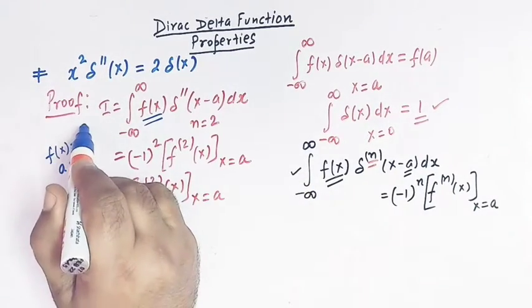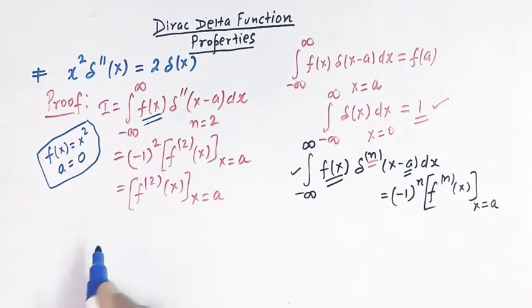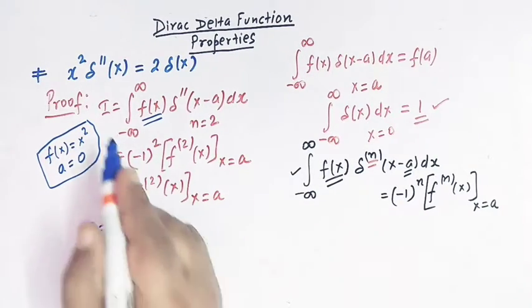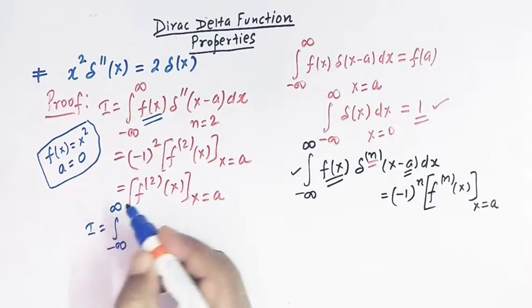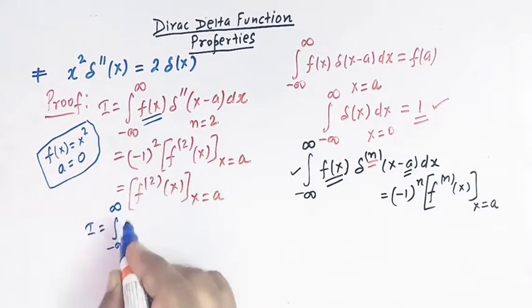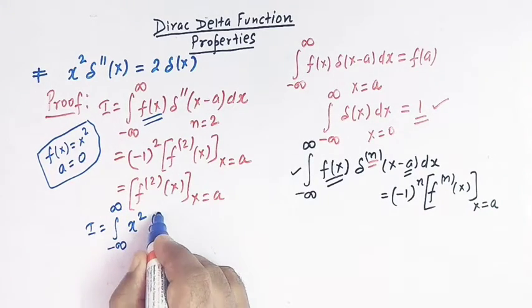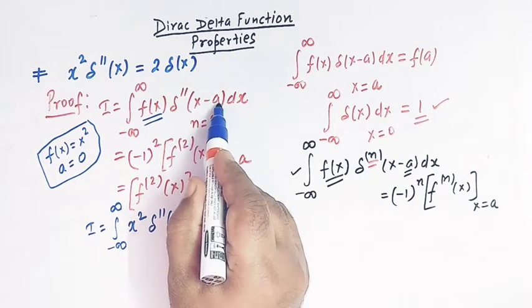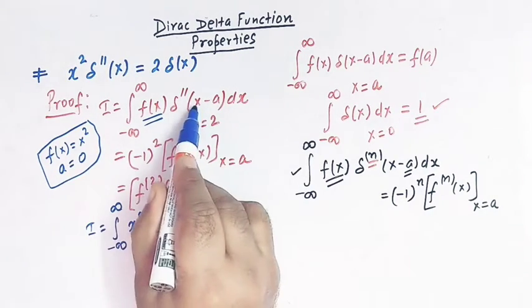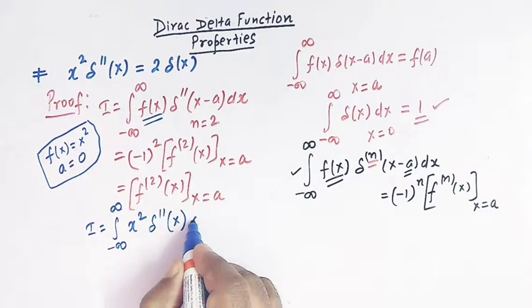Once we make these changes, this integral I reduces to the integral from minus infinity to infinity, where for f of x we have x², and we have the second derivative of the Dirac delta function at x is equal to a, which is 0, so we have x minus 0, which is simply x.